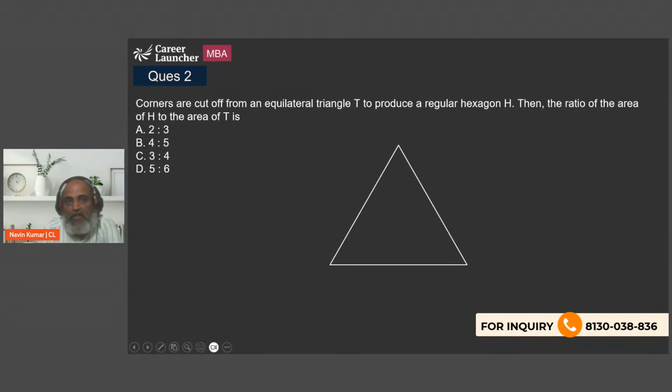Corners are cut from an equilateral triangle T to produce a regular hexagon H. Then what is the ratio of the area of H to the area of T? So if we need the regular hexagon, it should be cut something like this. And if we join them, this is what the regular hexagon is going to look like.